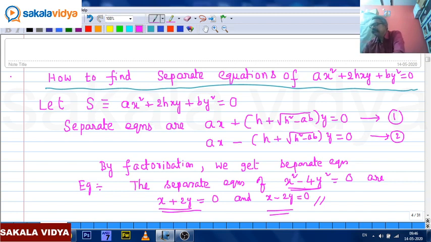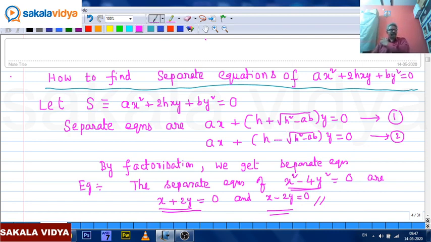In one this is plus, and here we need to change, this is minus.